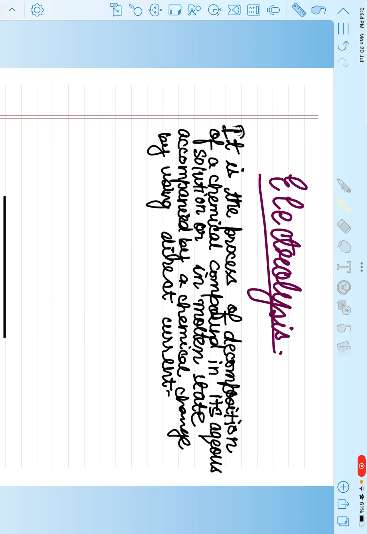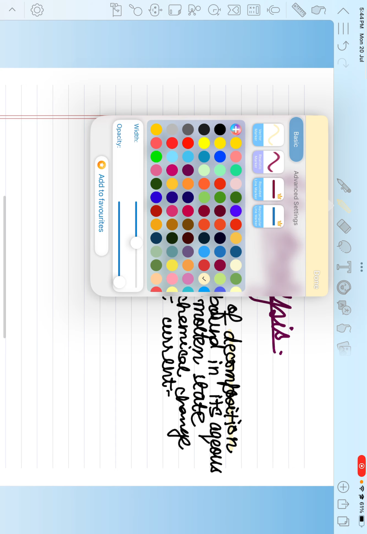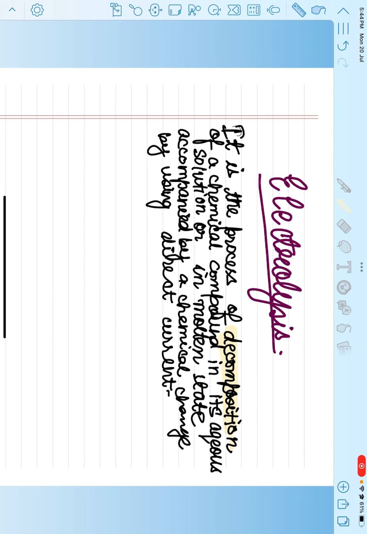It's the process of decomposition of a chemical compound in its aqueous solution. What is electrolysis? Electrolysis is the process of decomposition of a chemical compound in its aqueous solution or in the molten state, accompanied by a chemical change by using direct current. Okay, repeat with me.